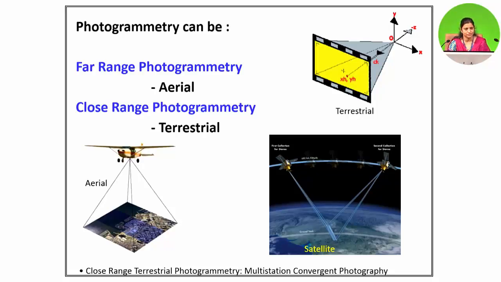When we look from the top, the view direction is the negative z direction, whereas when the camera is on the ground, the view direction is the y direction. So some changes in the processing techniques have to be made, and then all the algorithms we develop for aerial and satellite photogrammetry can be used for close range photogrammetry also.